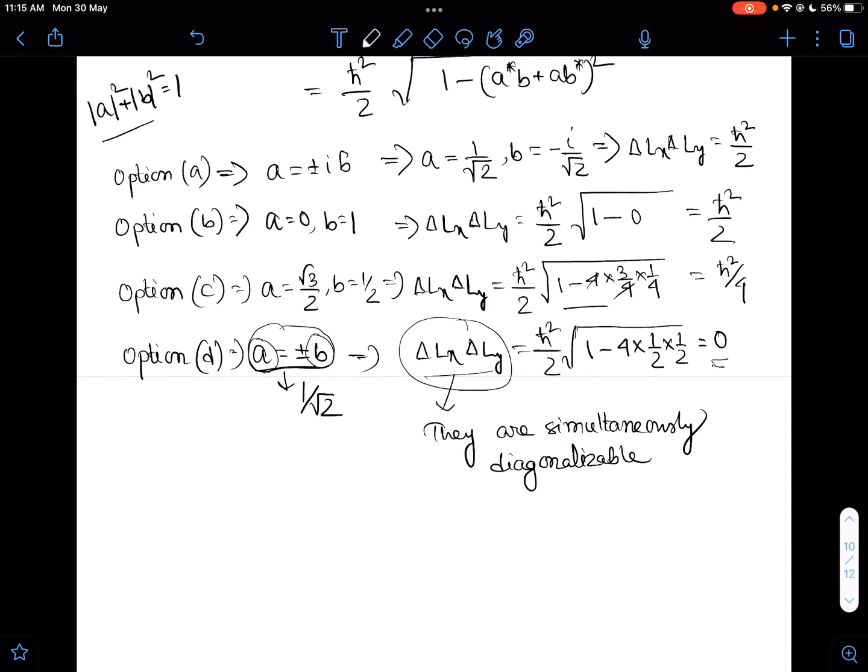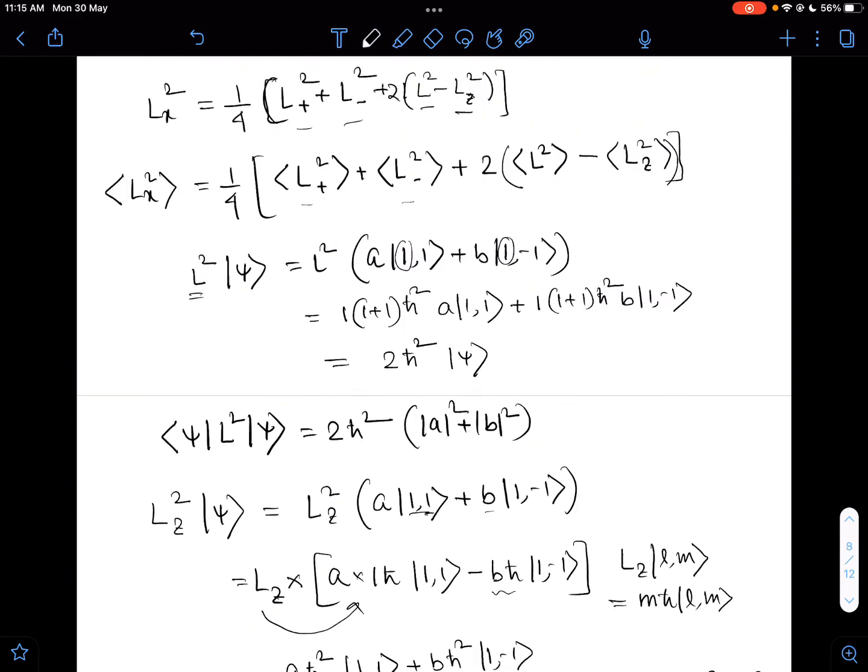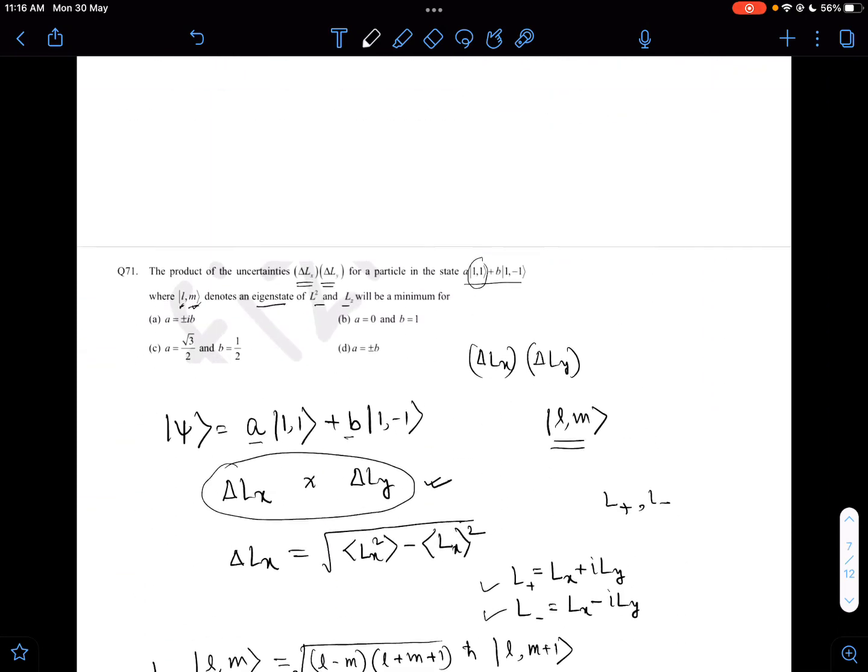For example, for position and momentum, the uncertainty product is at least ħ by 2. Here, for a equal to plus or minus b, this product is 0. That means these two, Lx and Ly, for this special value of a and b, share the same eigenstates and are simultaneously diagonalizable. So our correct answer here is option D.